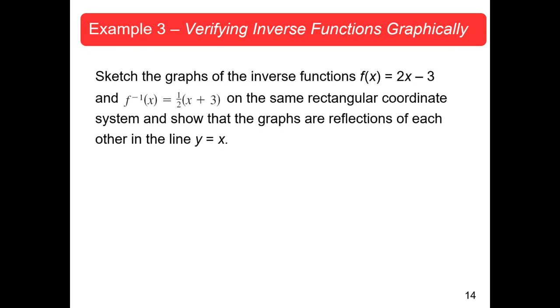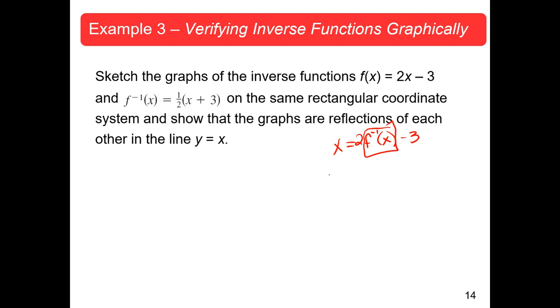But before we go on, let's just see how they came up with this. Let's review. If I were to replace this x and this f of x with each other, or just reverse it, I'm going to have x equals 2 f inverse of x minus 3. And I need to solve for this.